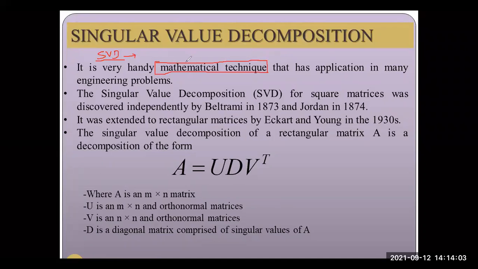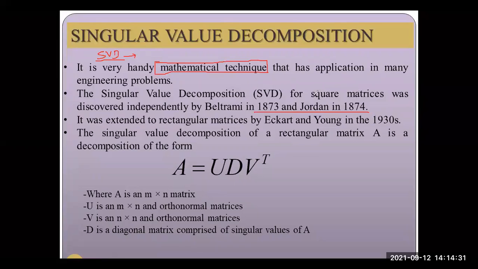This was first proposed in the year 1873 and 1874, and it was basically designed for square matrices. The technique was proposed then, but the limitation is that you have to decompose only a square matrix.